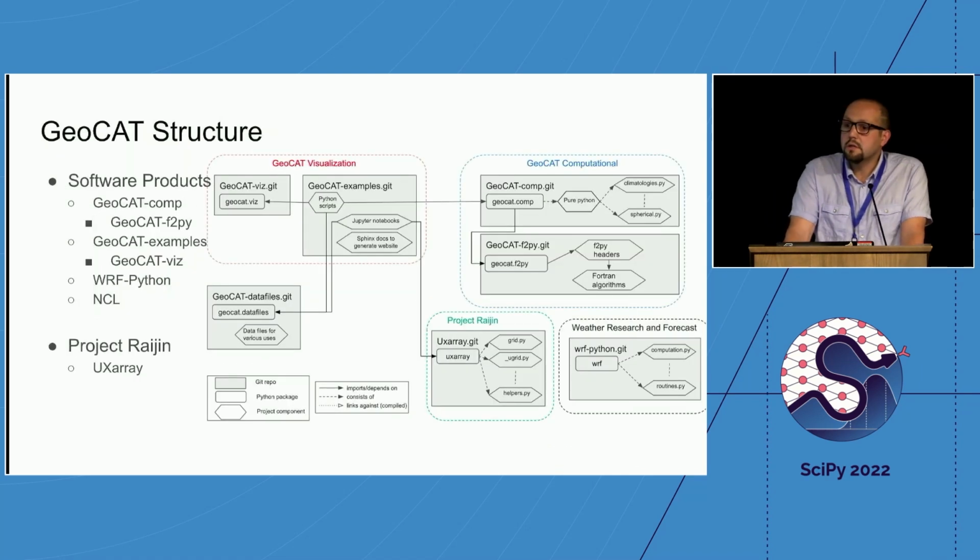At this point, maybe we can start with an overview of the whole GeoCAT software stack, then we can look into each of them in detail. GeoCAT has been developing and maintaining several software projects. Almost all of them, other than NCL, the NCAR Command Language, are in active development right now, but NCL is in maintenance mode, which means we only provide support for Conda installation related major issues.